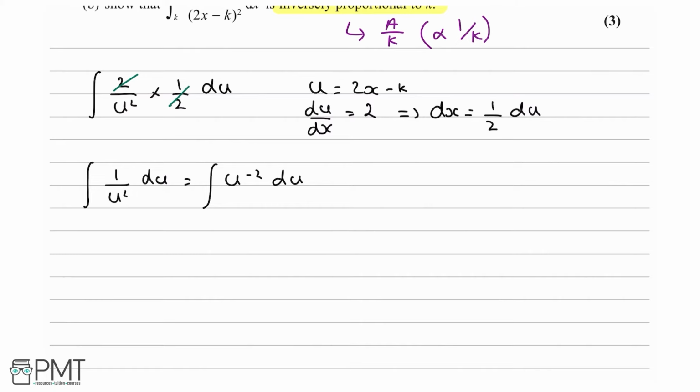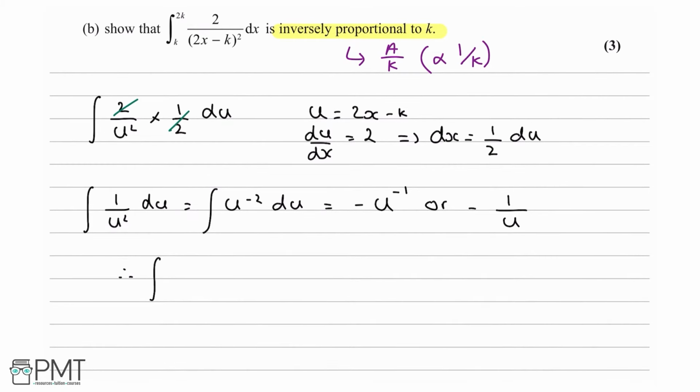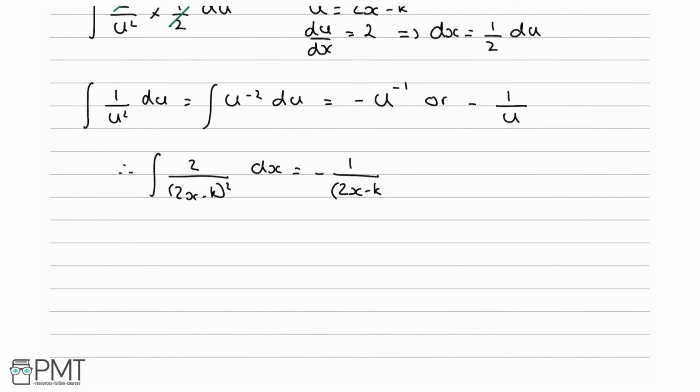Now add 1 to the power, divide by the new power, which means we get minus u to the minus 1, or minus 1 over u. Now as a final step, I'm just going to substitute 2x minus k back in for u. So we're going to say, therefore, the integral of 2 over 2x minus k all squared dx equals minus 1 over, now our expression for u is 2x minus k, like that. All right? So let's put that in brackets.